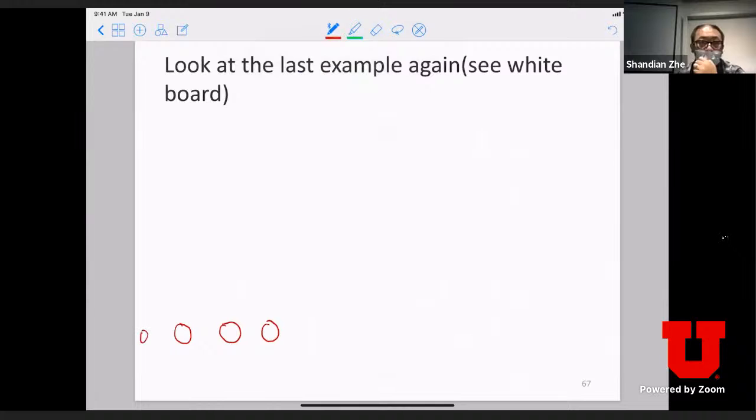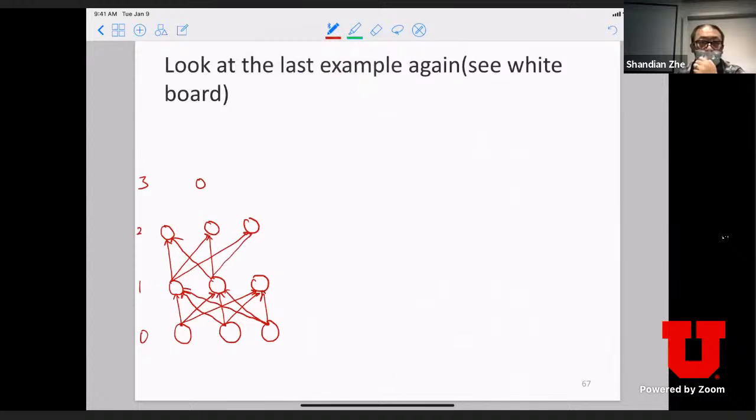So this is layer 0, this is layer 1, this is layer 2, that's layer 3. Finally, we got the alpha neuron.